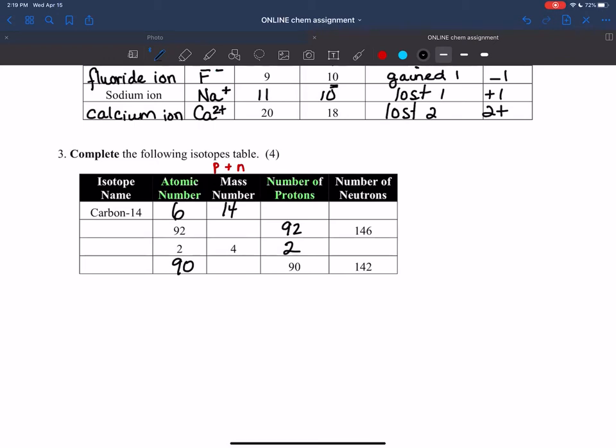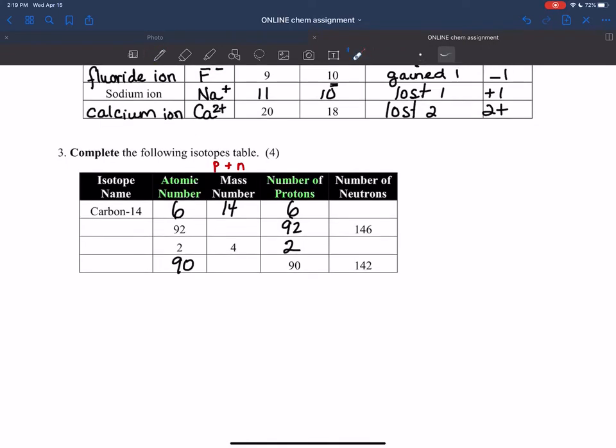Okay, so if I have carbon with atomic number 6, then the number of protons is 6. When it comes to the neutrons, since the mass number is the protons plus the neutrons, 14 minus 6 should give me 8. So if I take the mass number minus the protons, that gives me my neutrons.